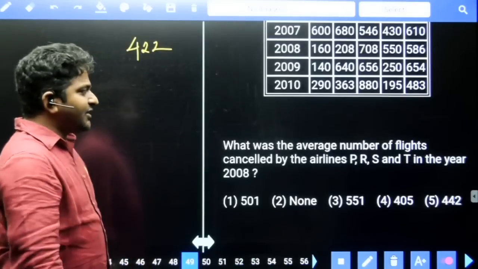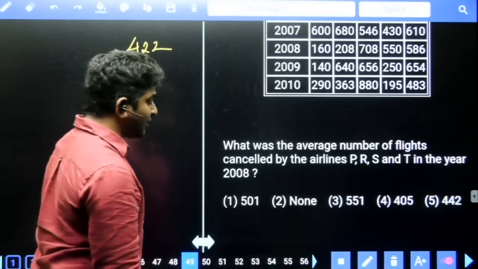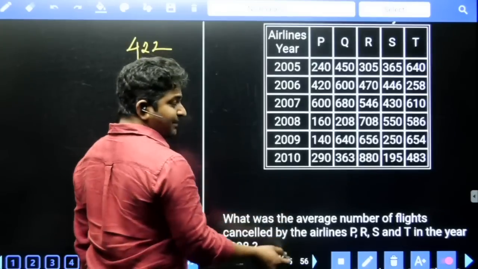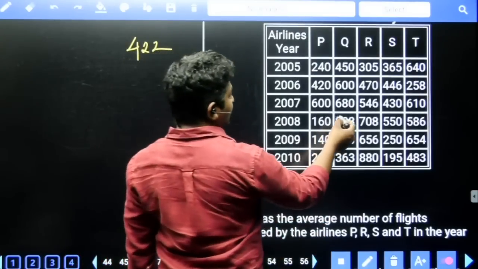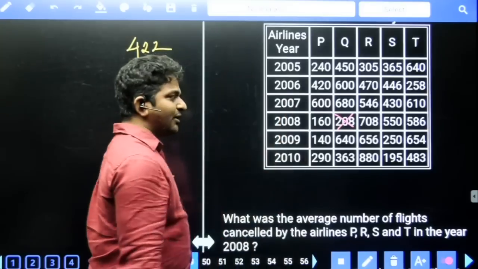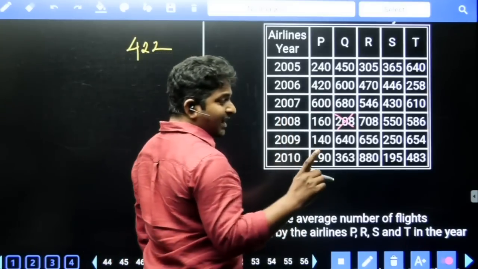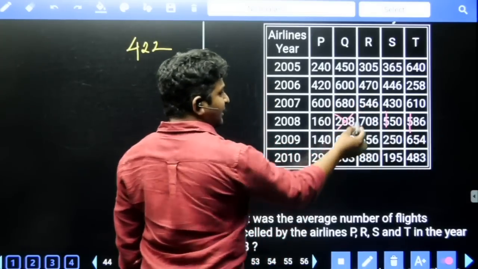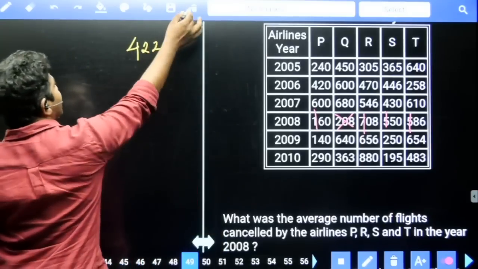What was the average number of flights cancelled by airlines PRST in the year 2008? In the year 2008, PRST, except Q, you have to consider everything. In 2008, Q is 208, except this, you have to consider the remaining values. First add only the hundreds places. 500, 500, 1000, 1700, 1800. We already have 1800, keep it aside.